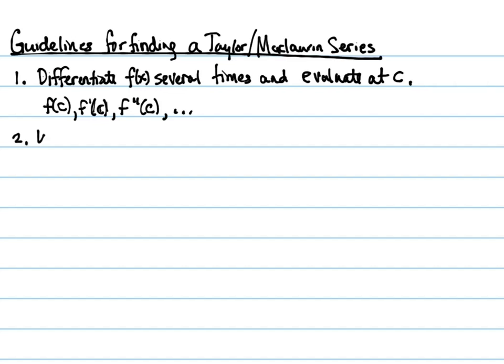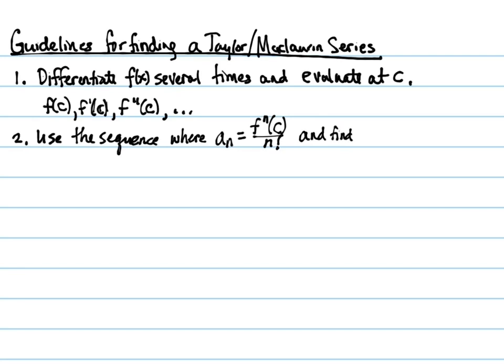We're going to use the sequence where a sub n equals f, the nth derivative evaluated at c, over n factorial, and we'll say find the interval of convergence, if it's requested anyway.